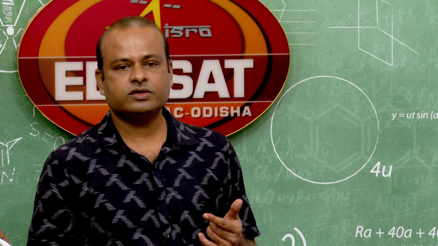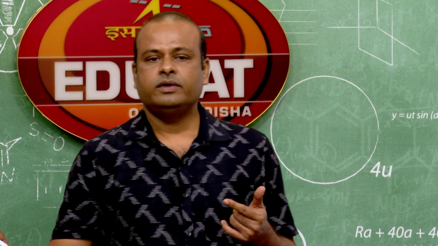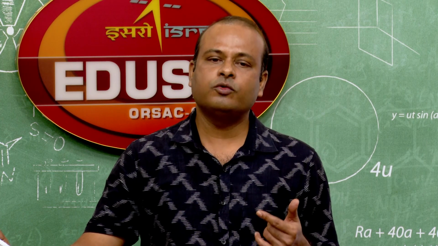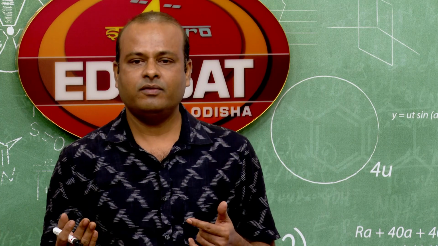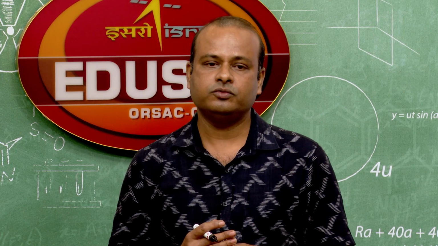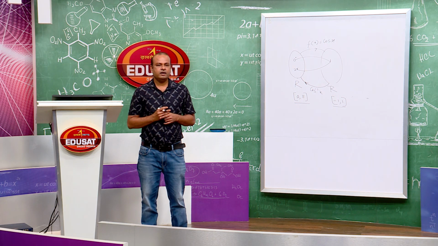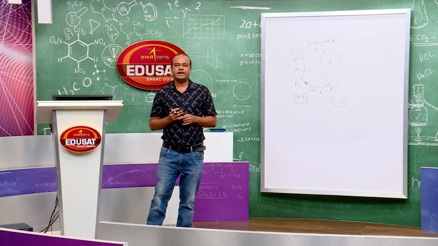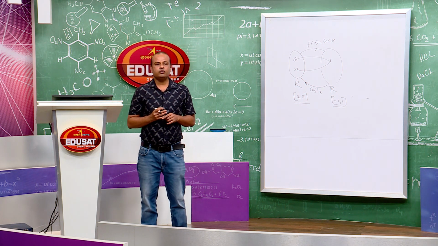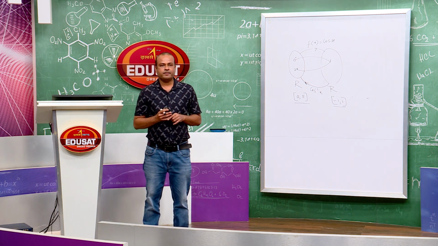So, tan inverse exists and its domain is R and range is the open interval of minus pi by 2 to pi by 2. Similarly, cot inverse x, its domain is R and range is the open interval of 0 to pi.